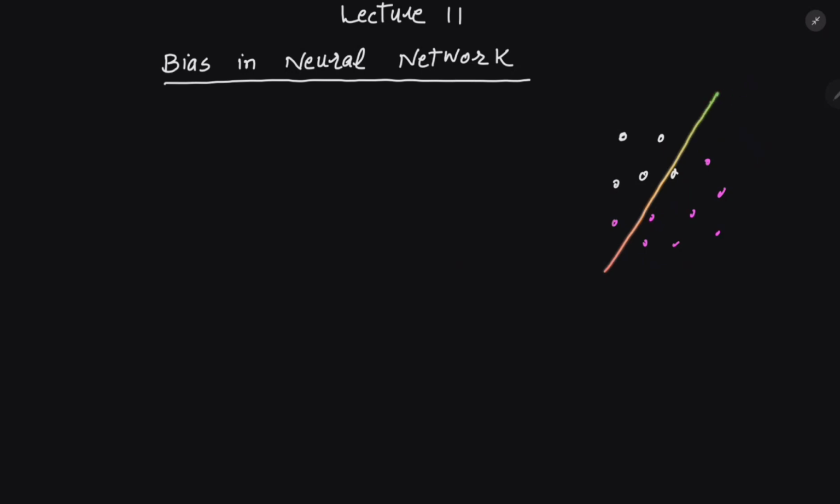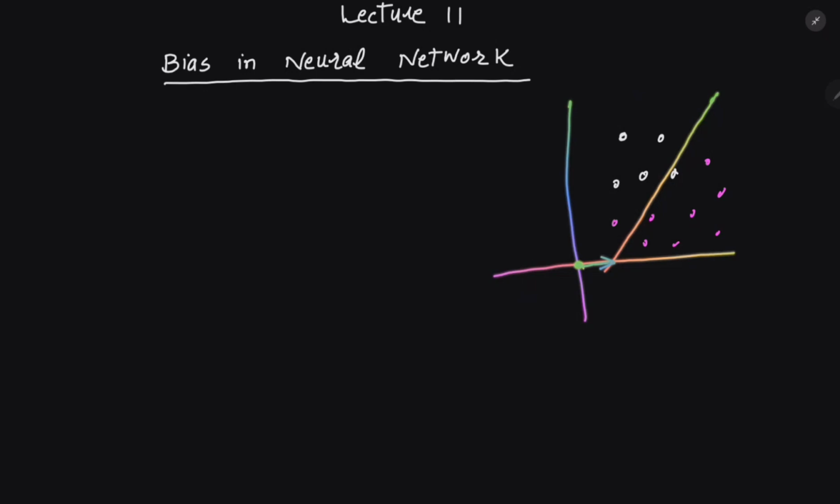So it means that we have to add something in the domain, so that one line can move and predict the classification. This is the motivation of studying the bias term.